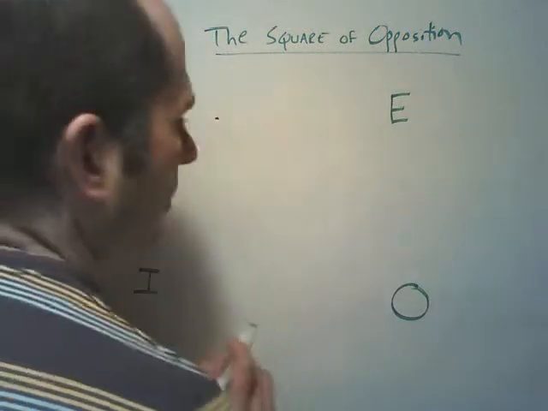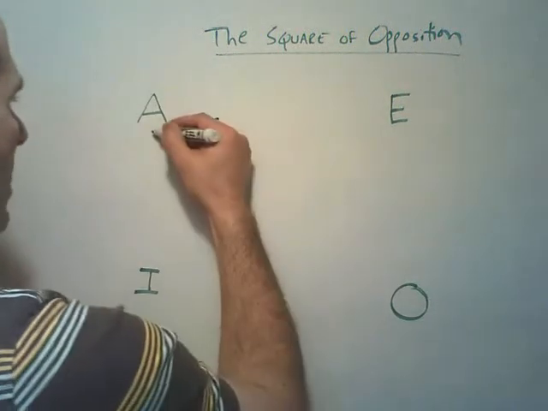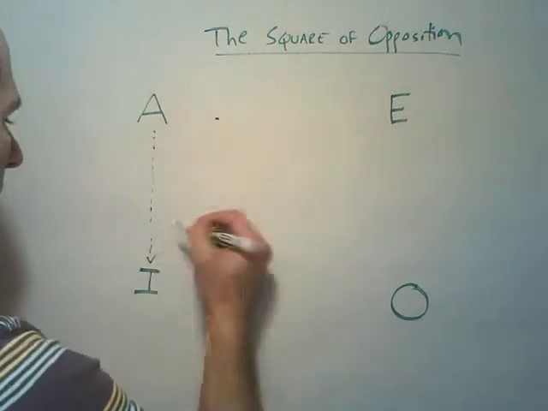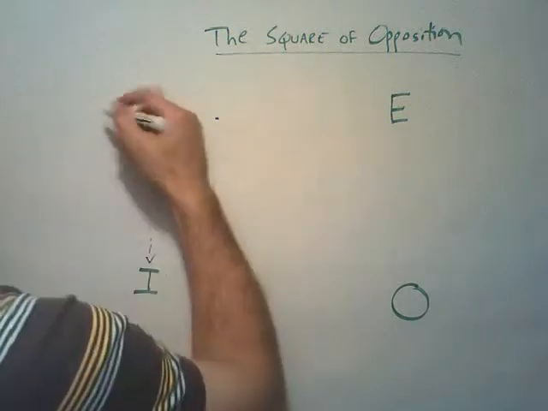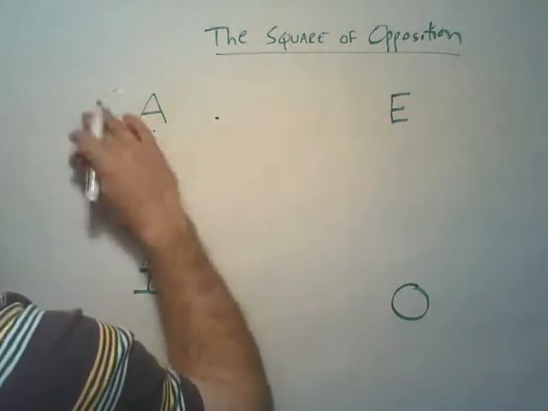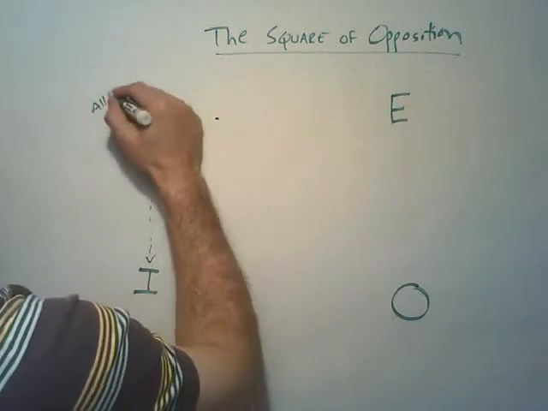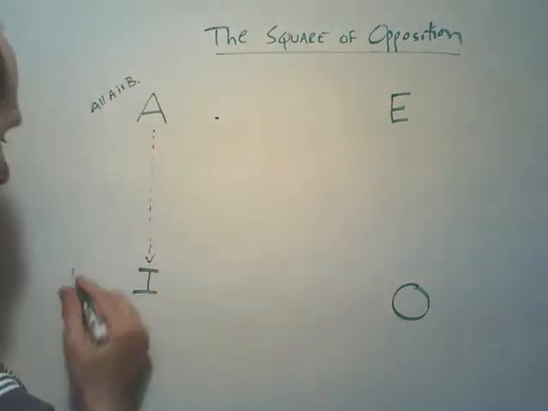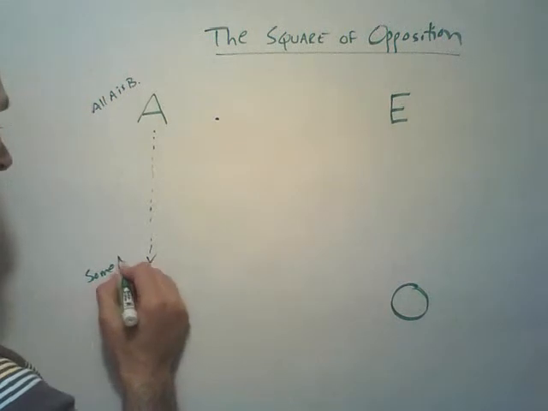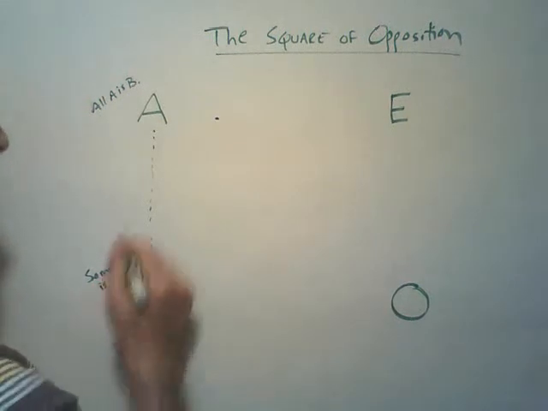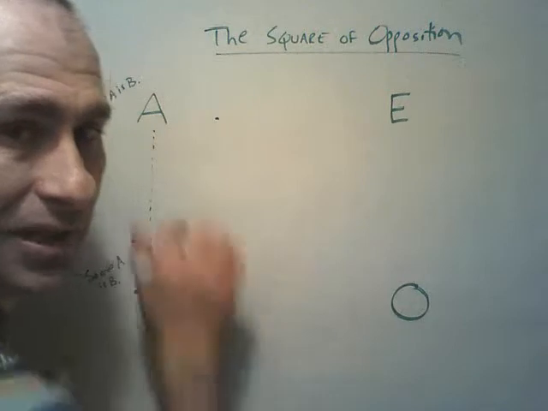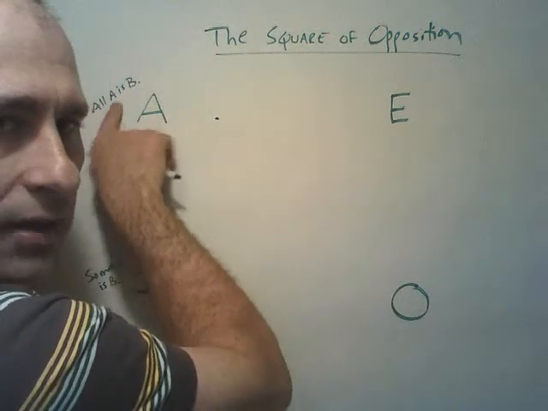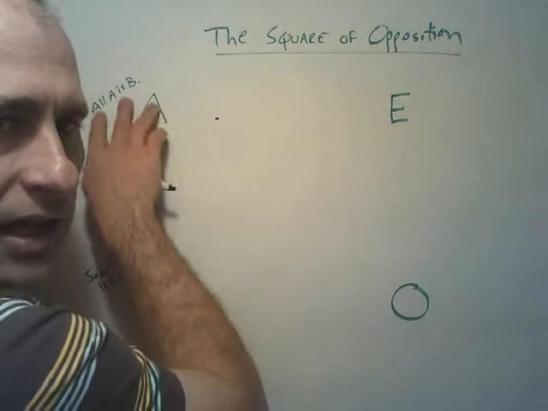Now it makes sense quickly to talk about the A and the I, the relationship to each other. This is going to be like all A is B. This is some A is B. Now remember, this is kind of silly because we got the A here and the A here, but I should maybe say all X is Y. These are not the same A's.